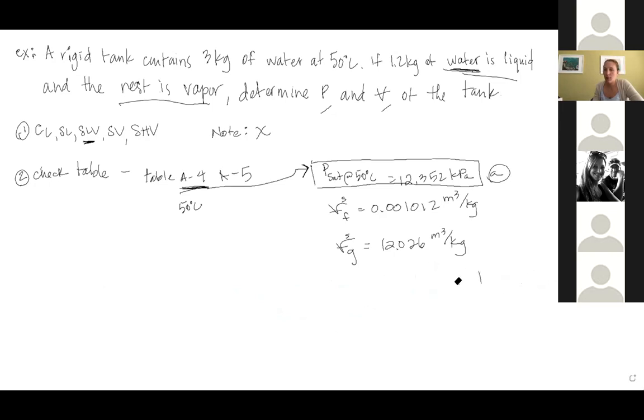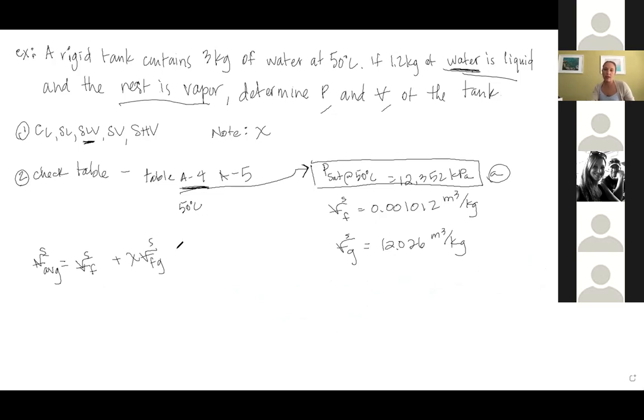The other way of working the problem is to use quality, where we know that our average specific volume of the tank, but it's a rigid tank, so that's just the specific volume of our tank, is equal to the specific volume of our liquid plus quality times the specific volume of our liquid vapor.